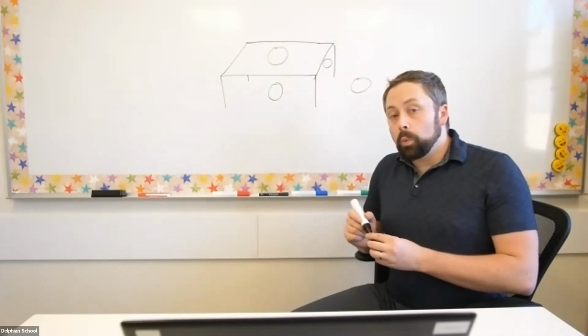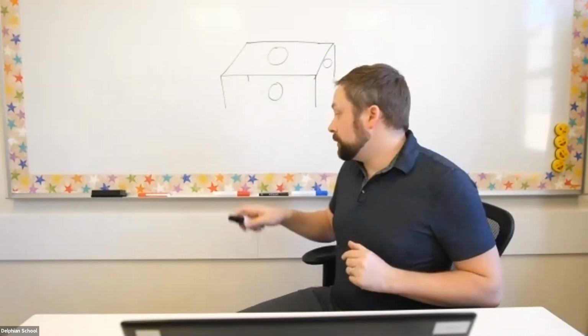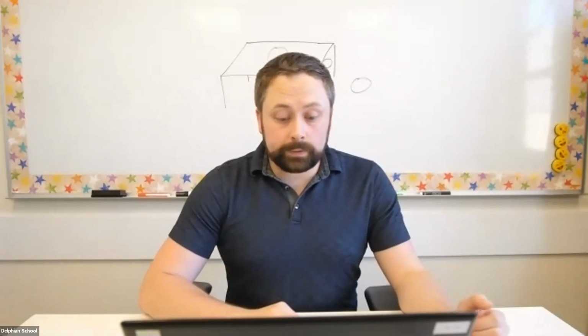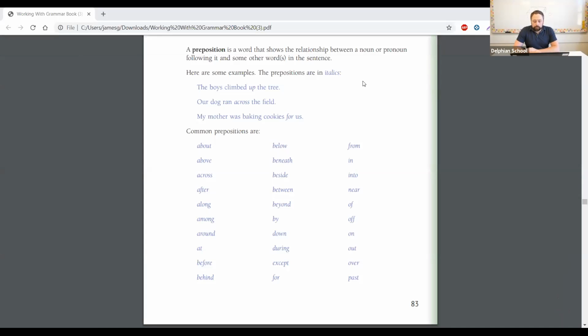So one of the relationships that prepositions can show is a physical relationship. It's telling you maybe where something is in relationship to something else. But you'll notice from this list, not every relationship that it's showing is a simple physical relationship.